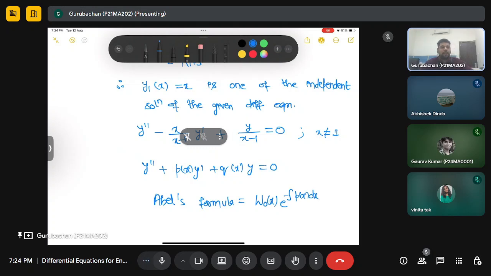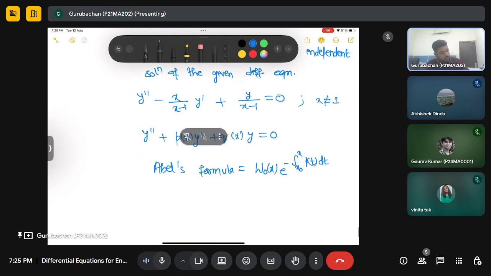This is our Abel's formula. Let me first write this as per the lecture notation to avoid notation ambiguity. How can we find this y2(x) for this differential equation?